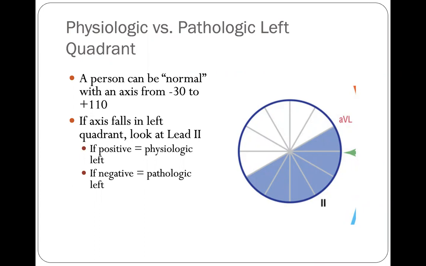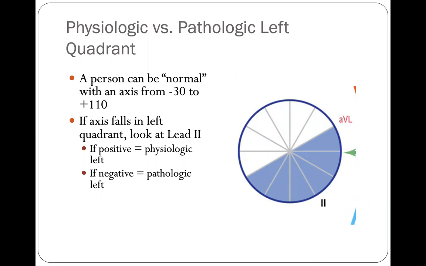It's that 0 to -30 that is of most interest to us. So if somebody has an axis that falls in the 0 to -30 range, it is not in the normal quadrant, but it is still normal in terms of the person.